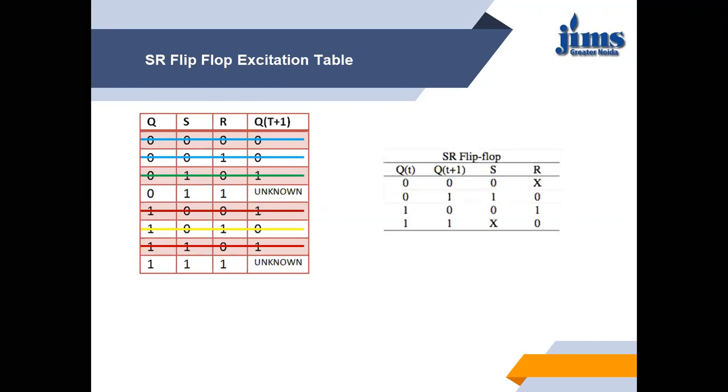So I can summarize it in a table. Present state and the next state are the input, and we have to find out what the input combination was. So you see directly for 0 0, the value of SR must be 0 and don't care. Here the blue lines represent these conditions. For 0 1, with the green line, when present state is 0 and next state is 1, the input combination is 1 0.